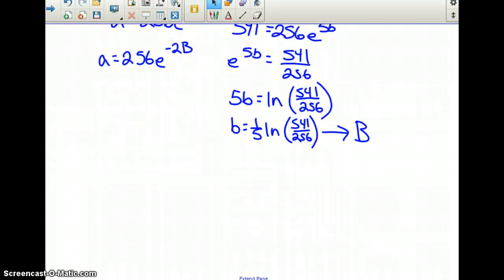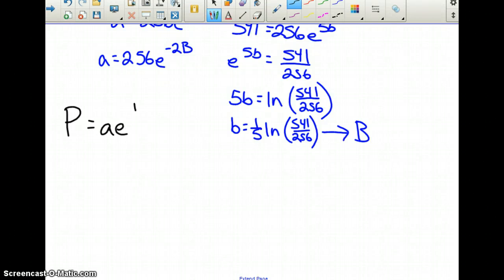So our model is population equals A e to the b t. We know what A is. We just stored it. We know what B is. We just stored it. We know that T is 24.